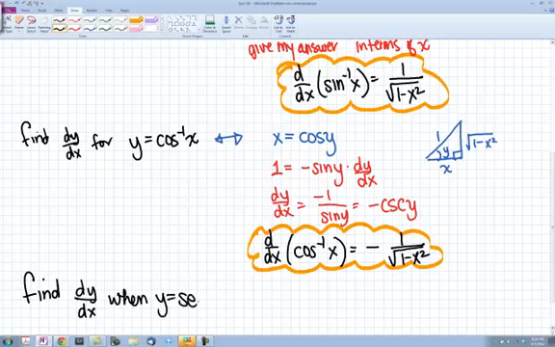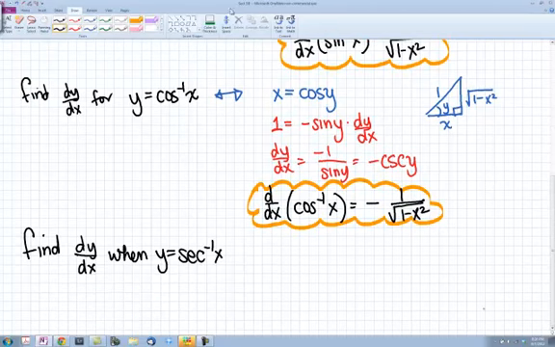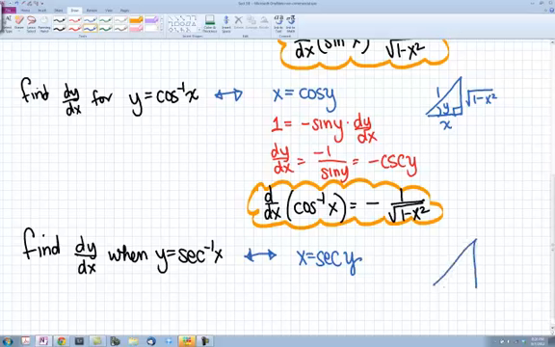So y equals inverse secant x. Okay, so this is our last one. Hope you're following along okay. The equivalent statement for y equals inverse secant x is x equals secant y. I'm going to draw my little triangle right here. Secant is the reciprocal of cosine, so now I have hypotenuse over adjacent.